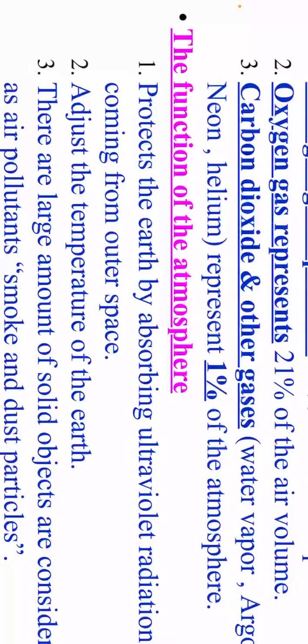So the atmosphere protects the Earth by absorbing ultraviolet radiation, the harmful radiation coming from outer space, and doesn't let it reach the Earth's surface. So the first function: protect the Earth by absorbing the harmful ultraviolet radiation coming from outer space.